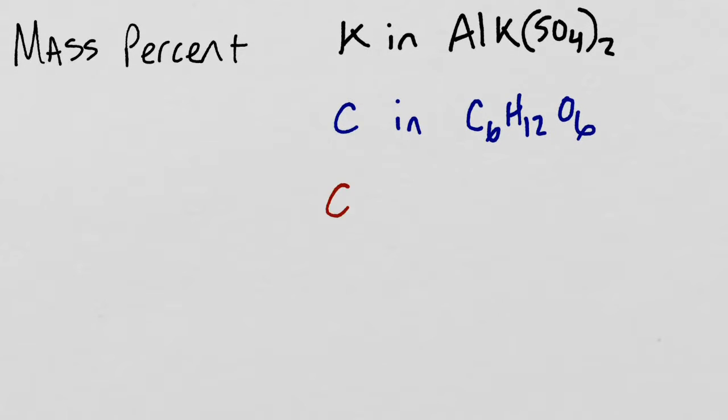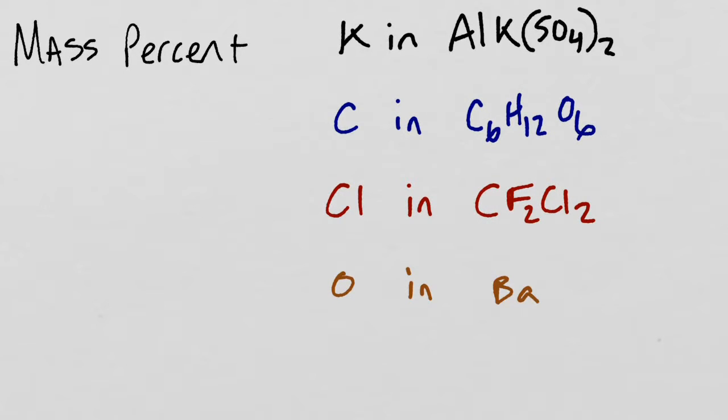Let's calculate the percent mass of chlorine in CF2Cl2. And let's also calculate the percent mass of oxygen in something like barium sulfite.